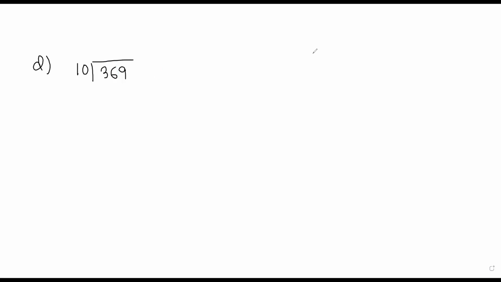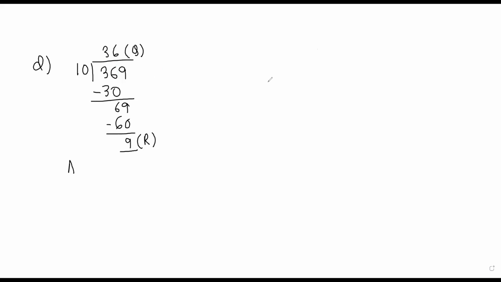Here 3 is 30, 6 is 60, and this is 9. So this is the quotient and this is the remainder.